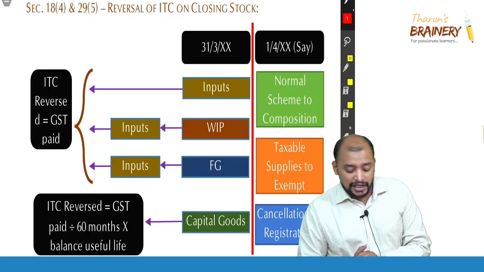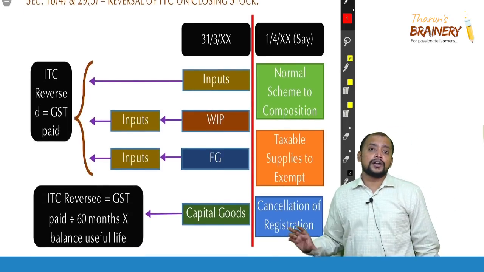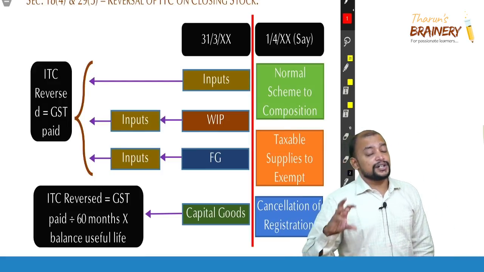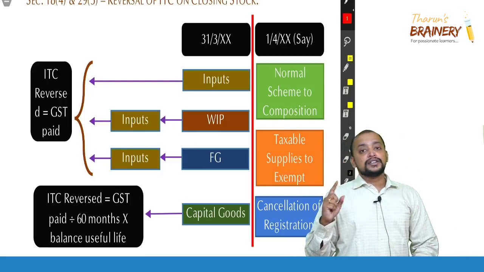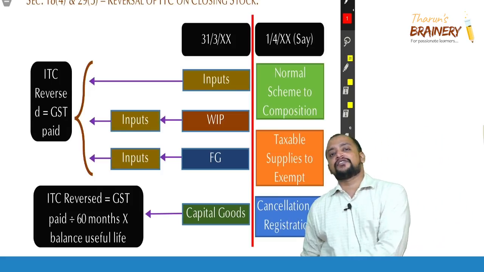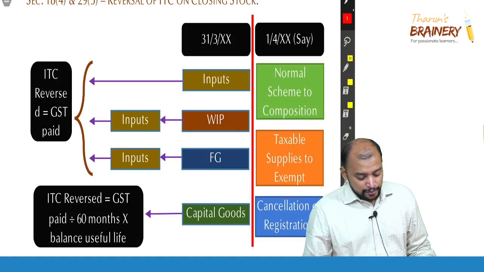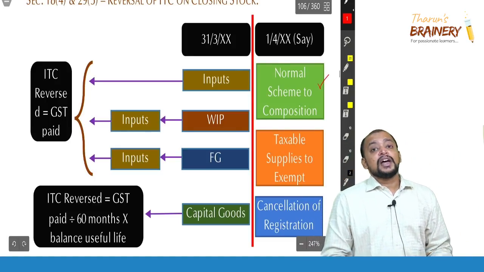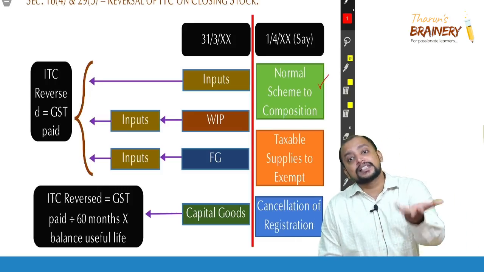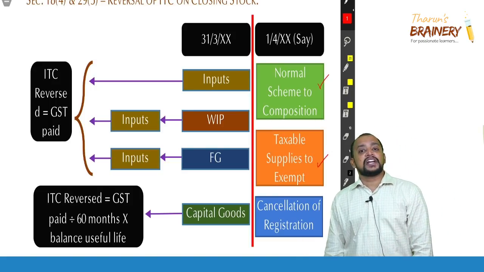When will that reversal arise? The treatment we discuss now is common for three cases, so that's why I have referred to 18 subsection 4 with section 29 subsection 5. Whenever you are under the normal scheme and you enter into the composition scheme, this is applicable. And whenever your outward supplies which are taxable become exempted, then also it will be applicable. So this is the opposite of 18.1c and 18.1d.